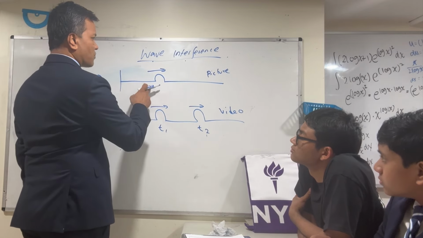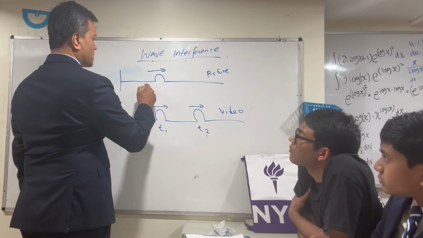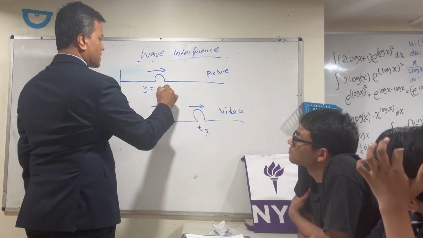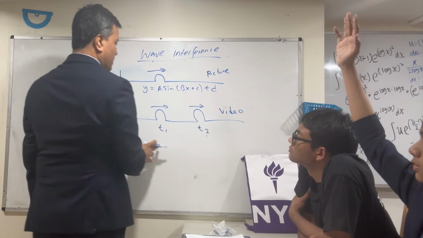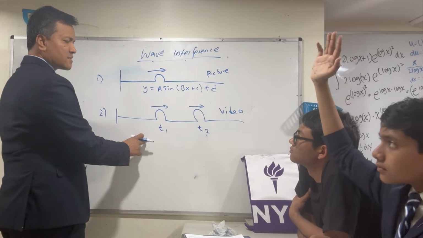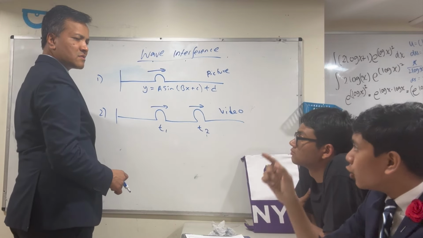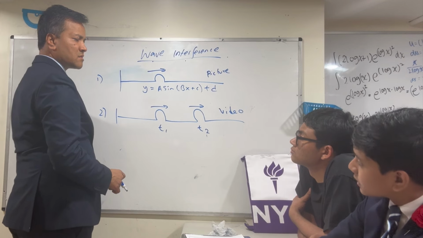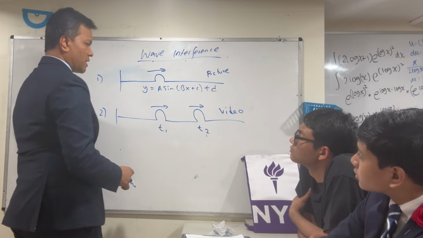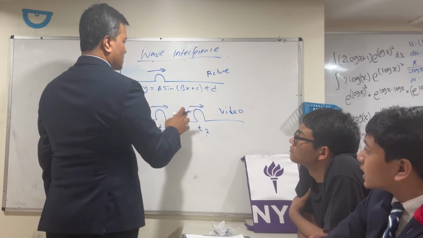If I write the wave equation over here, that would be y equals A sine of (Bx plus C). You can't know B or C from the picture because it's not moving. So you can only know A and B, which stay constant.